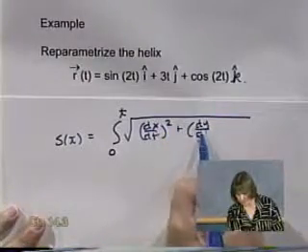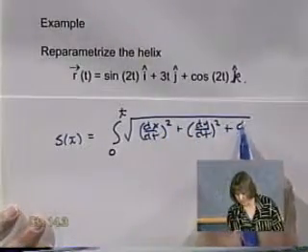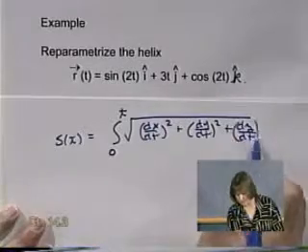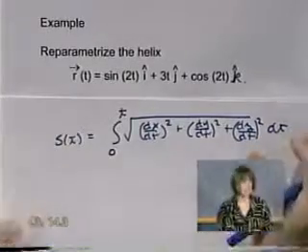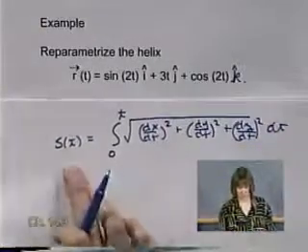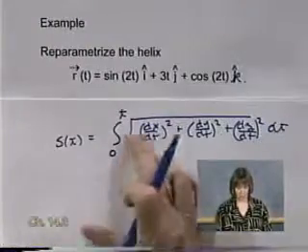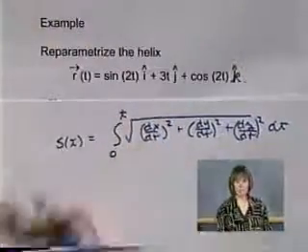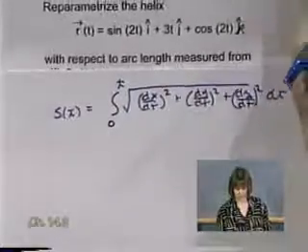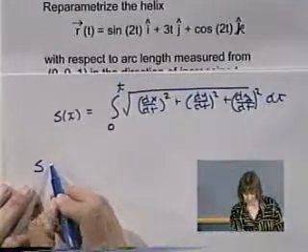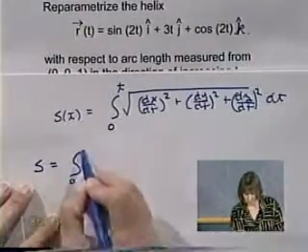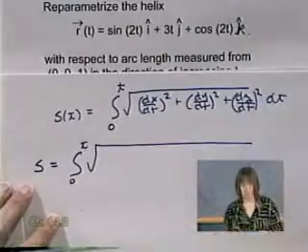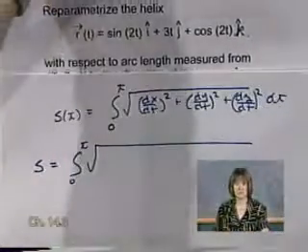Okay, so we're going to evaluate our arc length. At the point that corresponds to t equals t, how far is that point from the origin? This gives me s is equal to the integral from 0 to t of the square root of, and let's move this down so you can see it a little bit better.